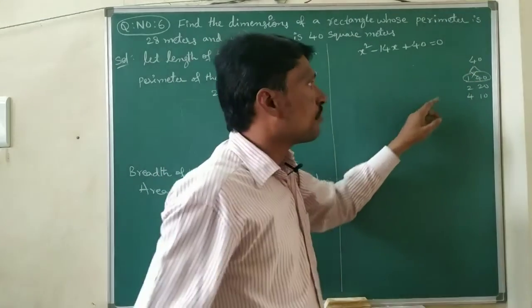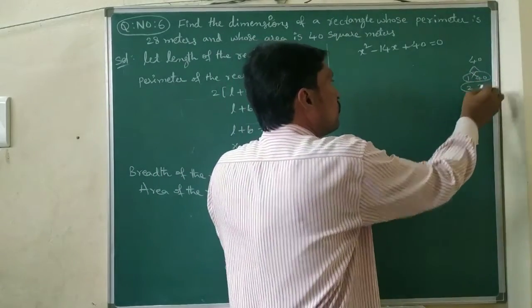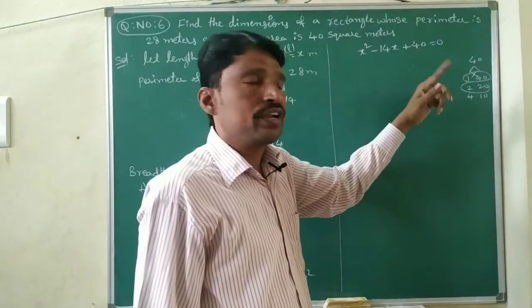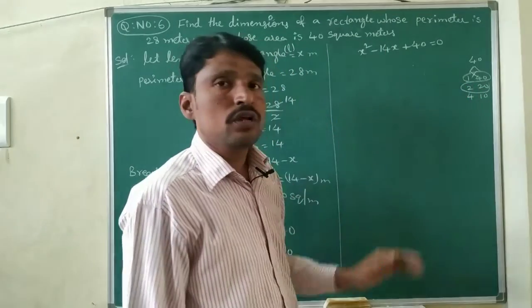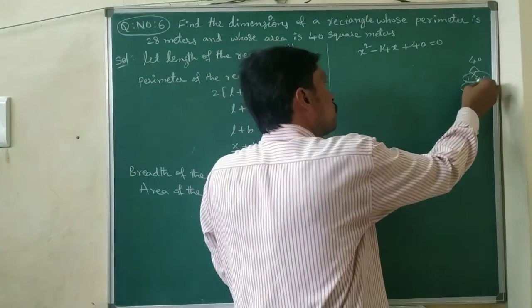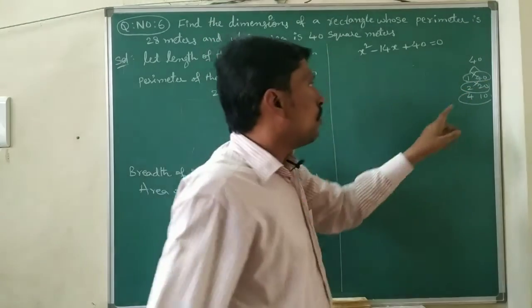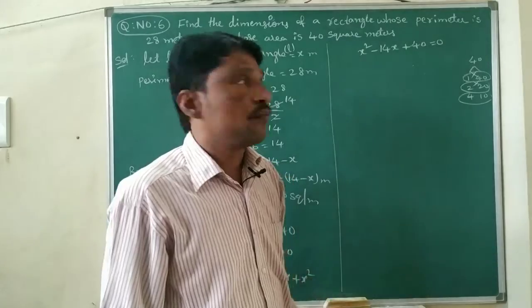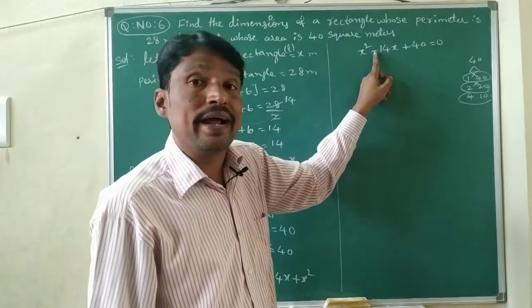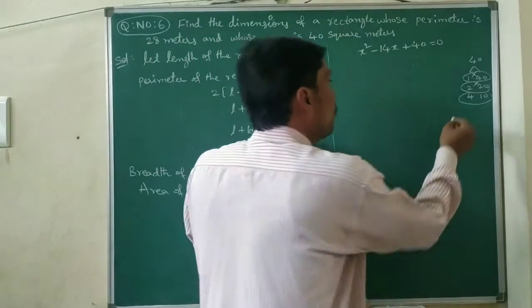It does not work out. Next, 20 plus 2 is 22, 20 minus 2 is 18. It also does not work out. This one we have to take: 4 plus 10 is 14, but here it is minus 14, so for both we have to give the minus.